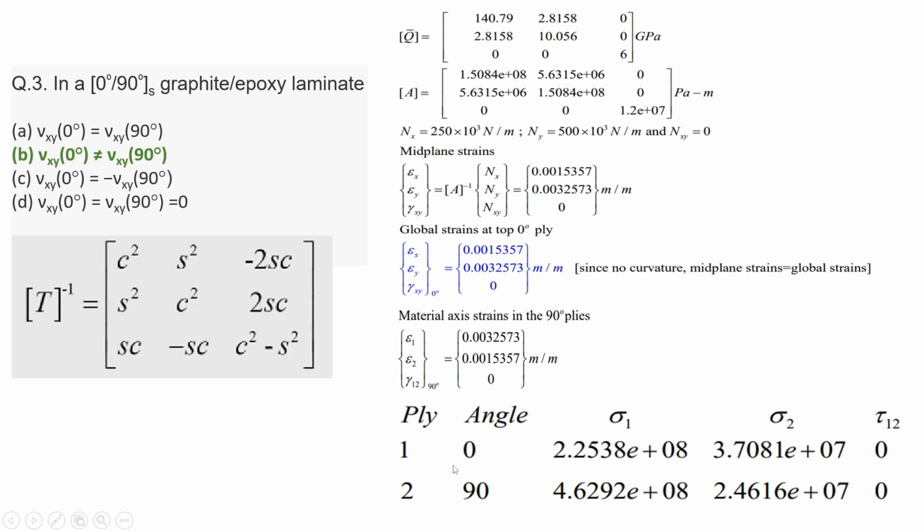So now you can see the value for 0 degree angle. Transverse will be 3.708 into 10 to the power 7 by 2, so when you get the ratio, you will get the value of the Poisson ratio. So 3.7 by 2, 2.2, and for 90 degree it will be 2.4 divided by 4.6. So that validates that for both 0 and 90 degree mu values will be very much different.